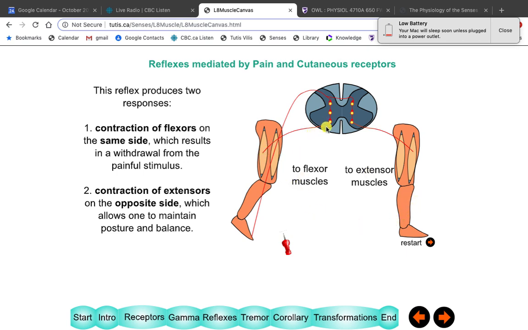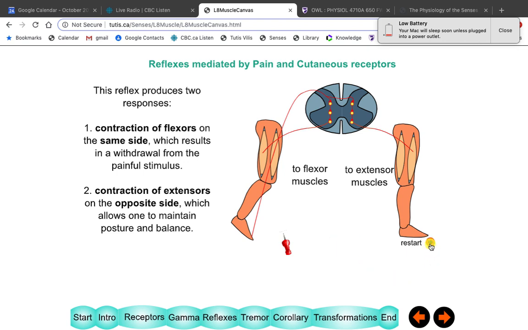You notice that this side goes to a flexor muscle, which will lift your leg, while this one goes to an extensor muscle that will straighten out your leg.